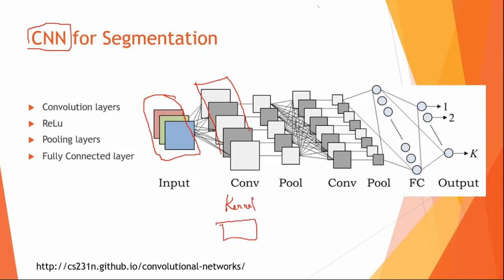A kernel is basically a set of filter coefficients, and these filter coefficients are randomly initialized based on the normal distribution. These images get convolved with these kernels, and you get feature maps. These feature maps go into a layer called the rectification layer. I didn't show you that. That's rectification.